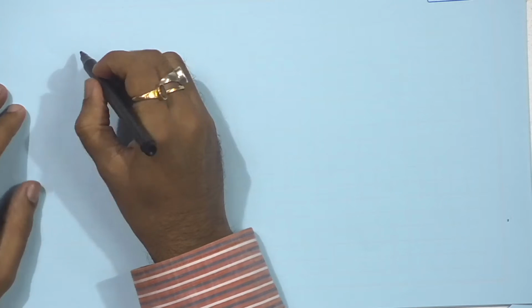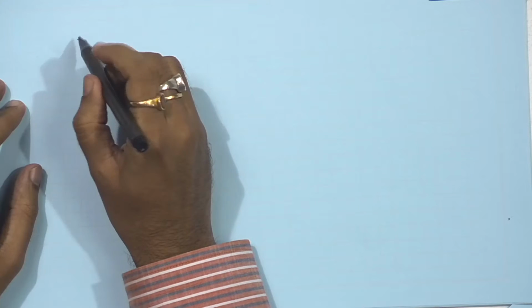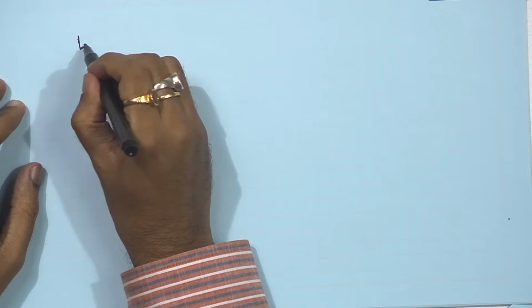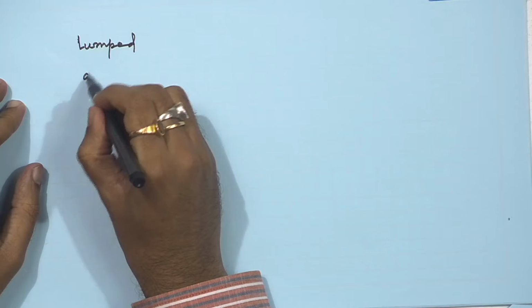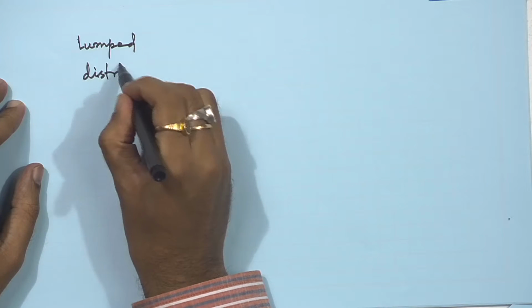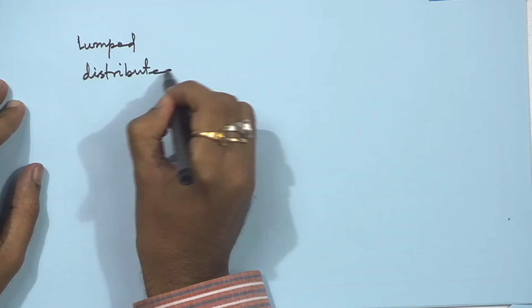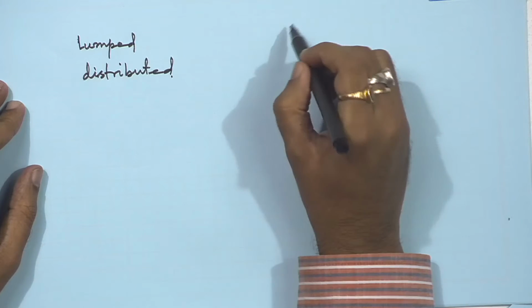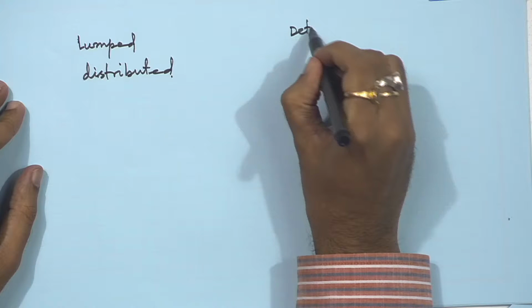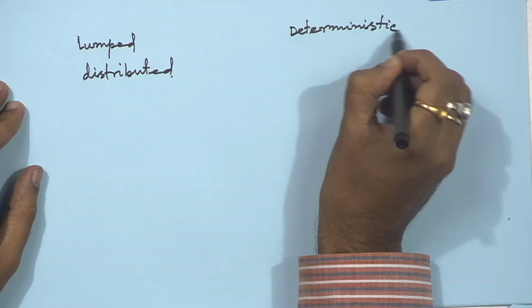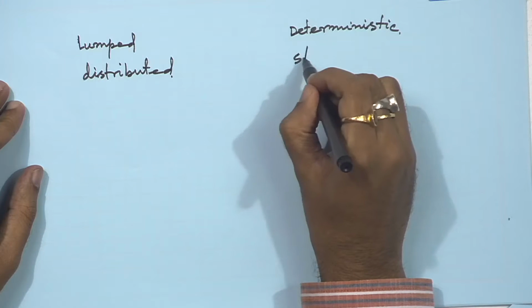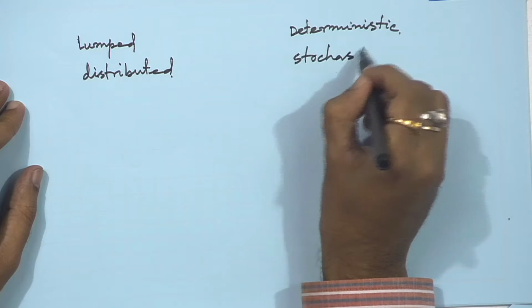Now, we'll talk about another important point. Let us use these terms: lumped, distributed, then deterministic, and stochastic.